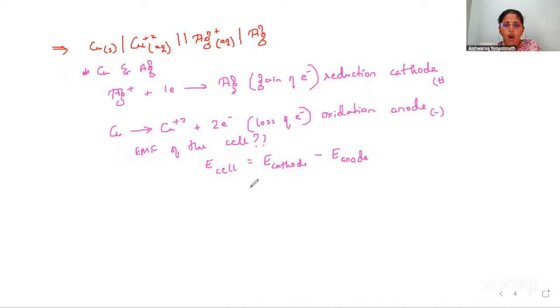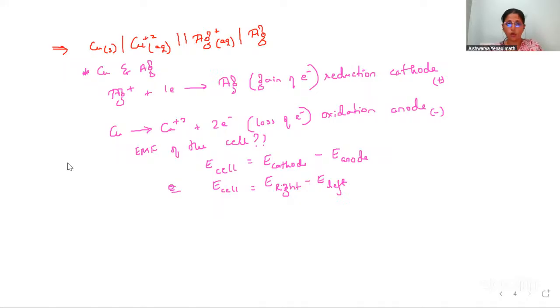In some books you can see E cell represented another way: E right minus E left, because the right side is my cathode. We saw the Daniell cell in the last session. What is on the right side? Cathode. What is on the left side? Anode. So when I say E cell, that is cell potential, by default I'm talking about reduction potential.